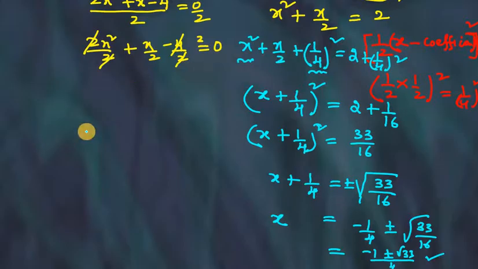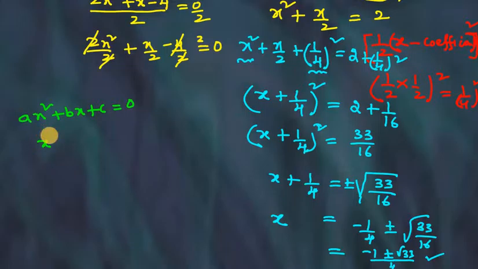So the simple thing is that whenever we have ax square plus bx plus c is equal to 0, this is a quadratic equation. The first step is you have to divide the entire equation with a. I need x square coefficient as 1 here, but he has given it as a.